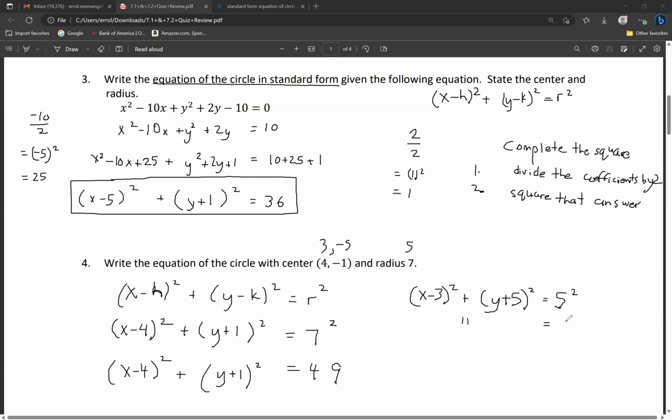Just rewrite the left side, equals 25. Okay, get the idea slowly. All right, go down 4.